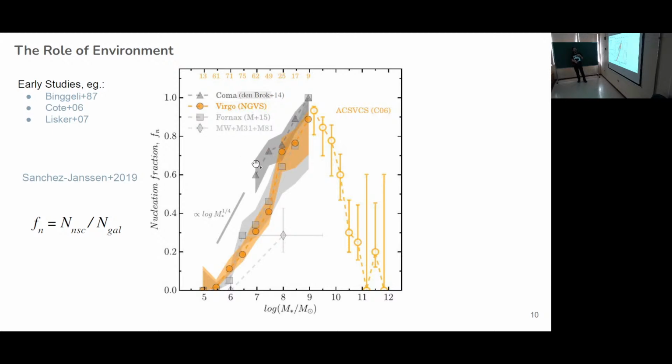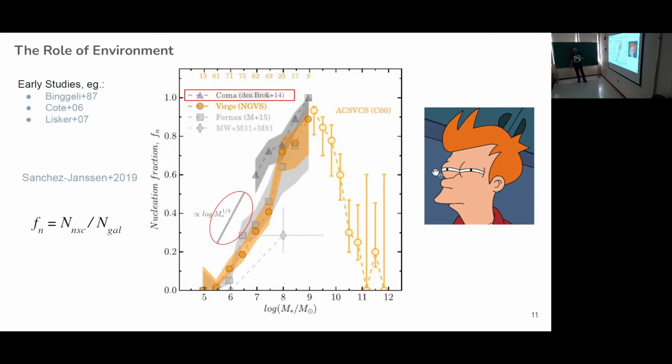The den Brok et al. work only had this mass range of galaxies in Coma, so we lacked information at the low-mass end. However, you can already see that it suggested very clearly that there might be an increase in nucleation for a fixed galaxy mass in some environments compared to others. This motivated our first idea to do this work, in a paper that we published in 2021.